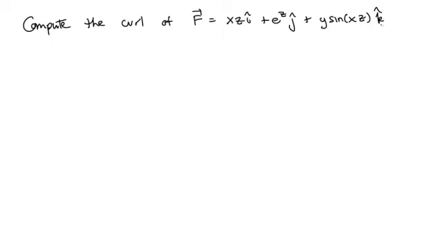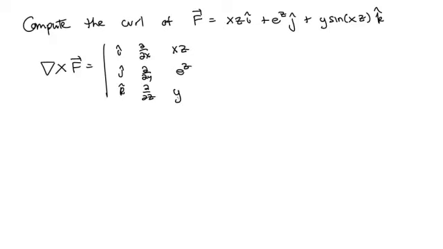Compute the curl of the vector field f equals xz i plus e to the z j plus y times the sine of xz k. So the curl of f, that's just the del operator crossed with the vector field f. So we'll have i, j, k, the del operator ∂x, ∂y, ∂z, and then the vector field f. The first component is xz, the second component is e to the z, and the third component is y times the sine of xz.